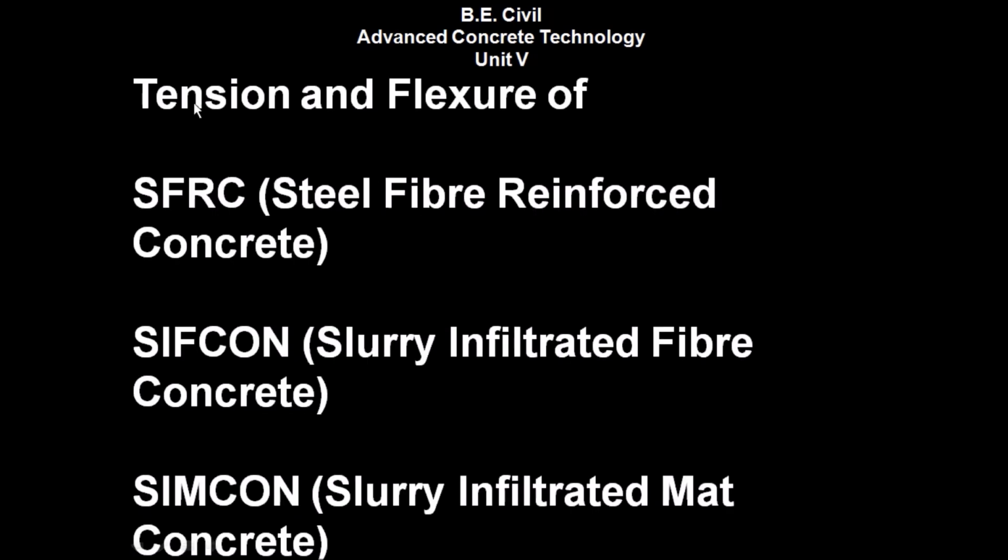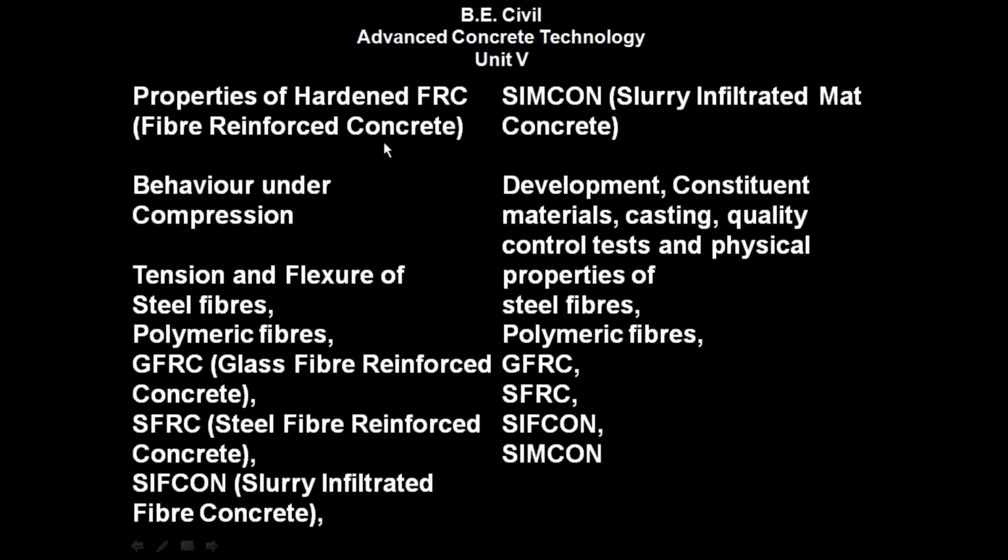So we have seen tension and flexure of SFRC, that is steel fiber reinforced concrete, SIFCON, that is slurry infiltrated fiber concrete, and SIMCON, that is slurry infiltrated matte concrete. So unit 5 includes properties of hardened FRC, that is fiber reinforced concrete, behavior under compression, tension and flexure of steel fibers, polymeric fibers, GFRC, that is glass fiber reinforced concrete, SFRC, SIFCON, SIMCON.